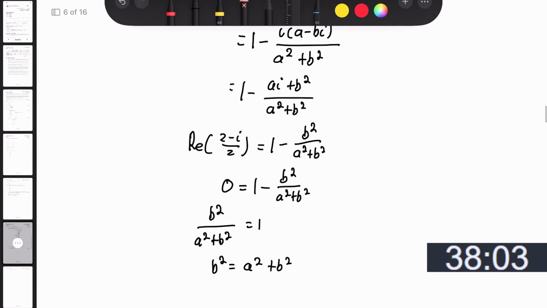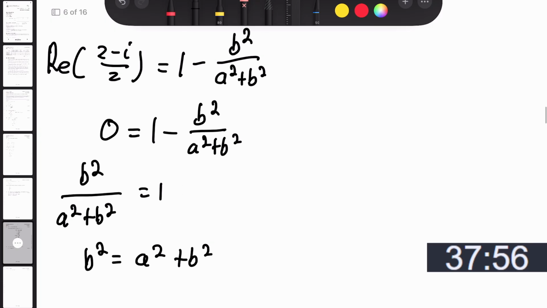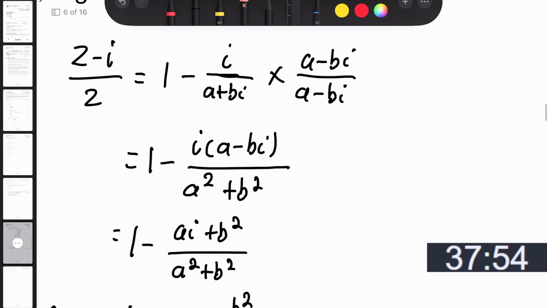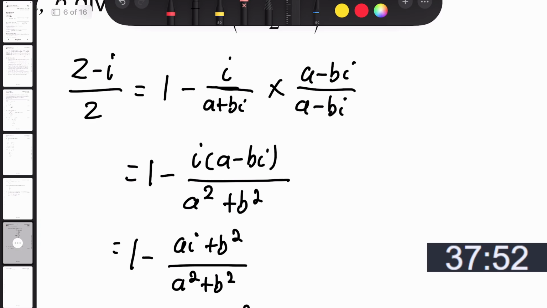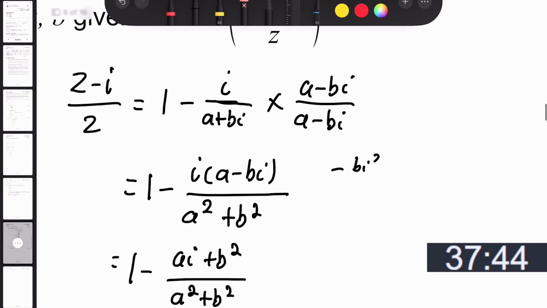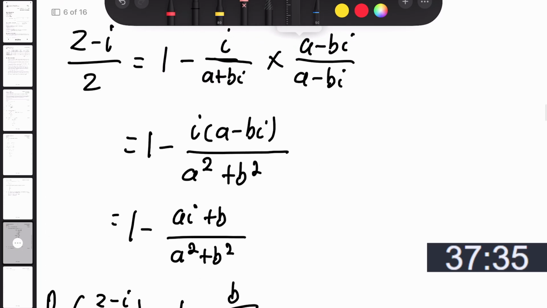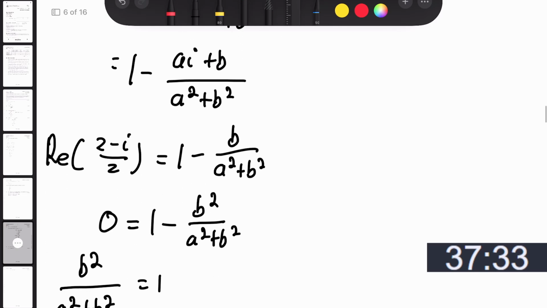Relating a and b given that. What? Because if I just minus b squared, am I doing something wrong? Negative bi squared is negative b times negative 1, so positive b. Oh, it's just positive b, not b squared.